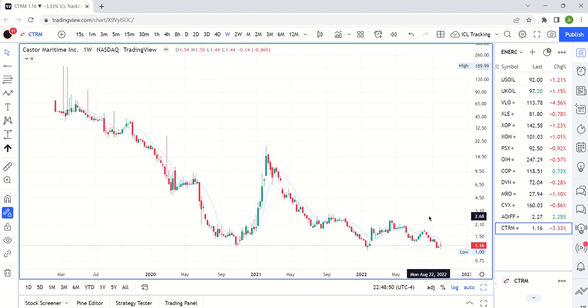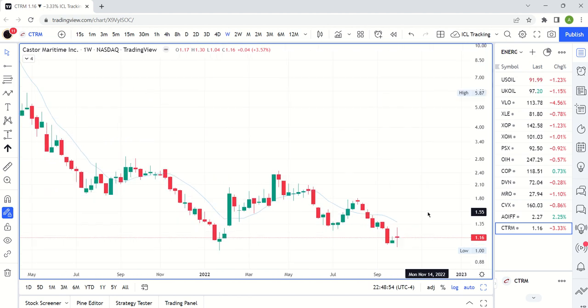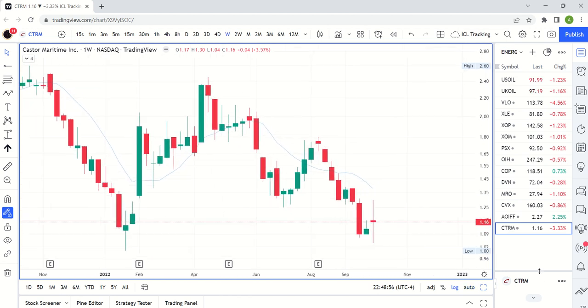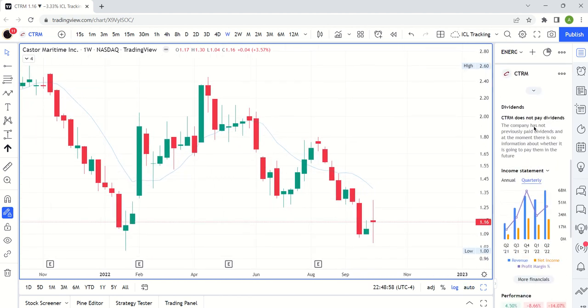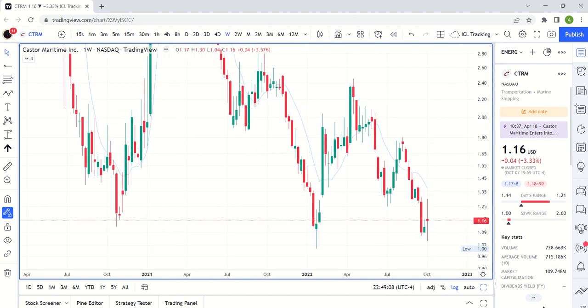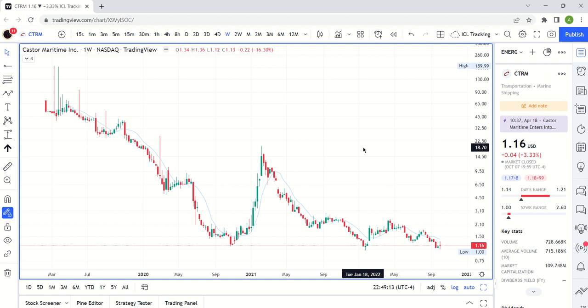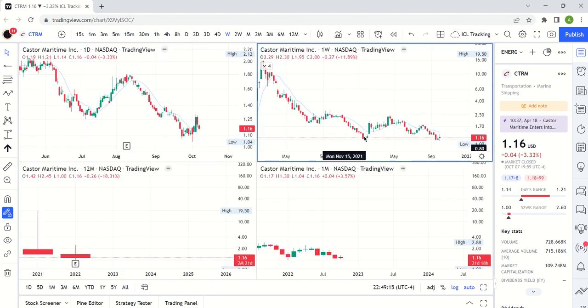That's also not a good sign when there seems to be almost no bottom beneath it. And wow, at $1 billion. Oh, right. So market cap here is 109 million. That gives it a lot of potential upside on any kind of positive catalyst, but that's kind of asking for a lot, I suppose.